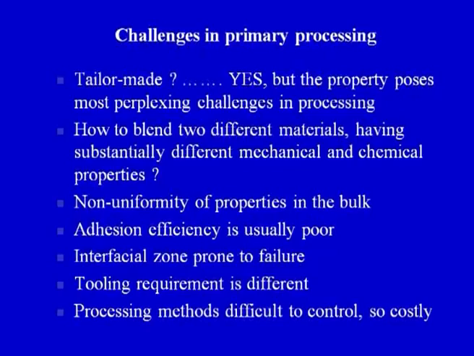Second point, how to blend two different materials having substantially different mechanical and chemical properties. Fibrous reinforcement has its own mechanical, physical and chemical properties. The matrix has its own mechanical, physical and chemical properties. We have to blend these two constituents together in order to make a new material which we call a composite material.